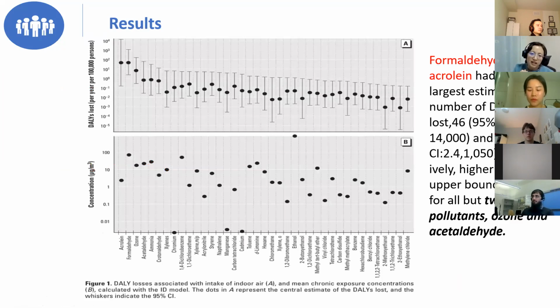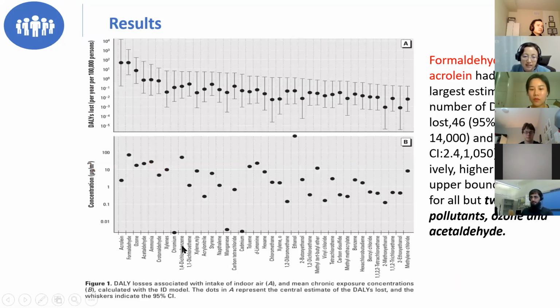In this study, it's very interesting that they put a lot of effort into calculating the contribution of each of the compounds. How do they contribute to the DALYs? You're going to see that in this chart, they are listed for the organic chemical compounds, because this is based on the DALY losses and uses similar methods.